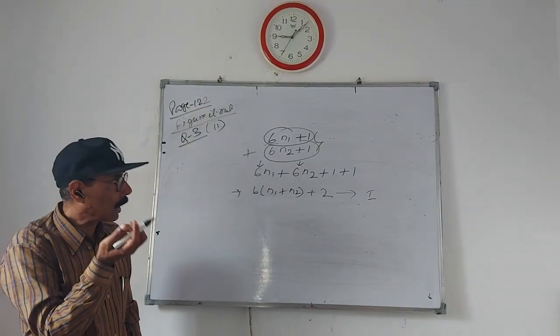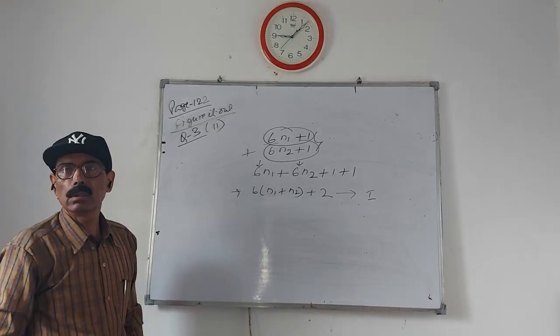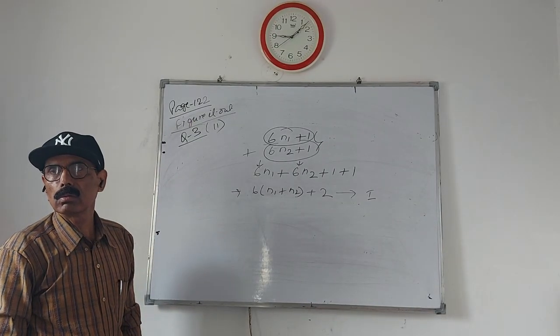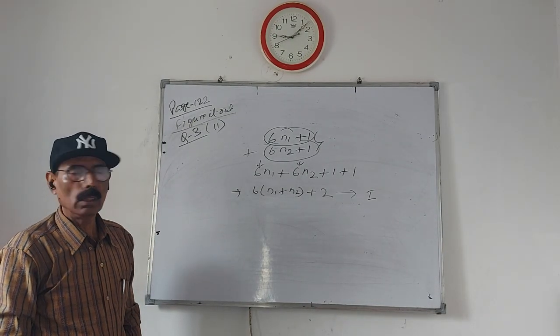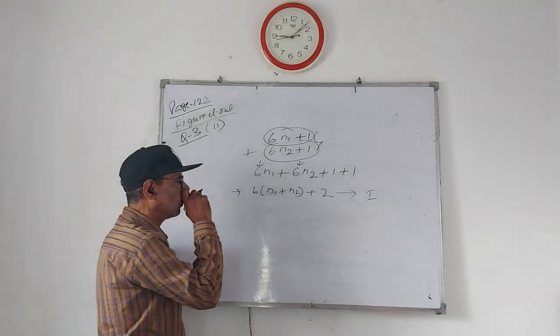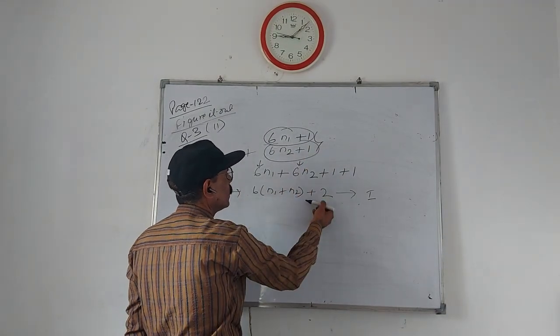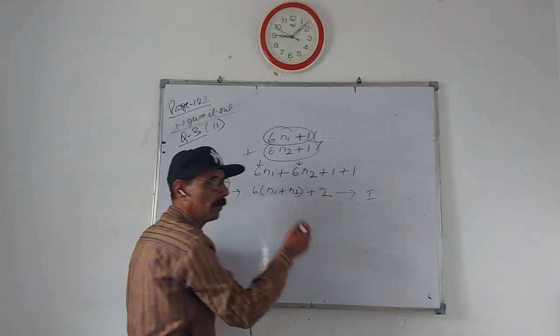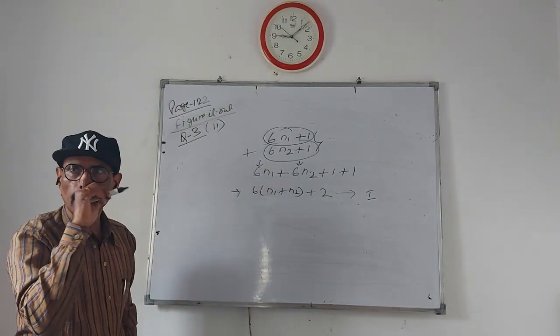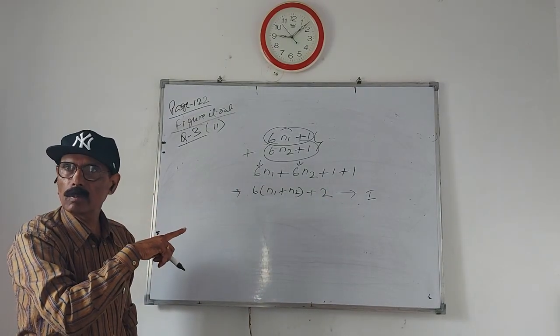But if you thrice this equation, 3 times, then what will happen? That means you multiply the number 3 times, then it will be divisible by 6.